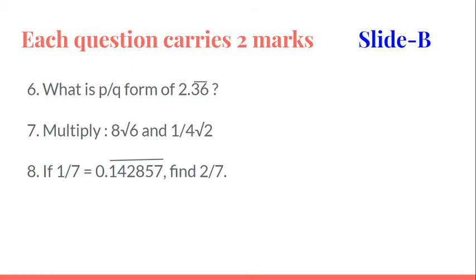And then seventh question is your 8 root 6 plus 1 upon 4 root 2. Question number 8. If 1 by 7 is equal to 0.142857 bar recurring decimal, then find the value of 2 by 7. These questions are of 2 marks.